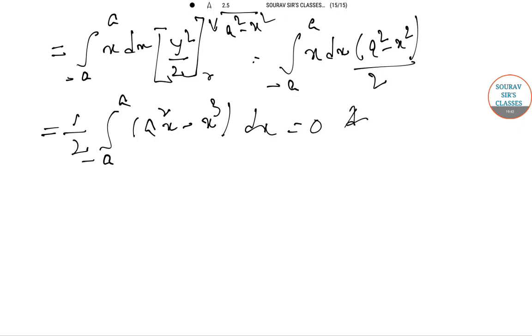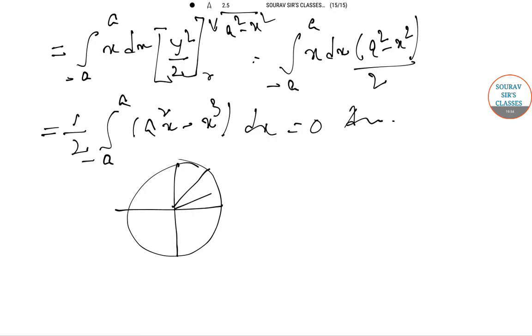So that's your answer. You have to keep in mind that these are the two diagrams which are very important for you to remember. This is your diagram for the d theta part. Your r is equal to a, the radius is a over here, and then this is your 0, this is your a, this is your c, this is your b.